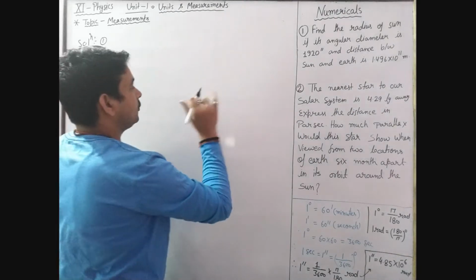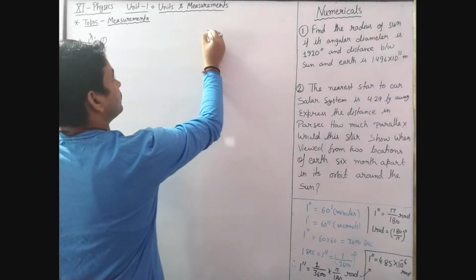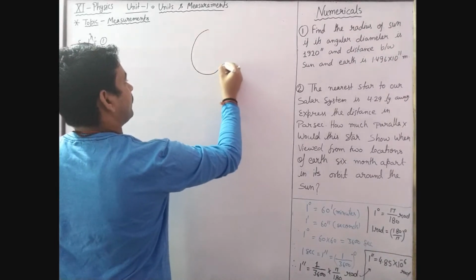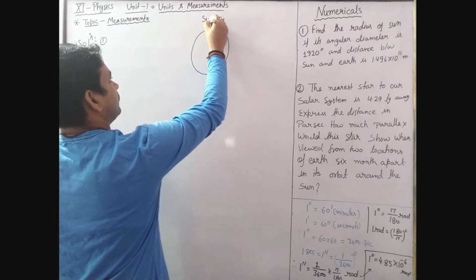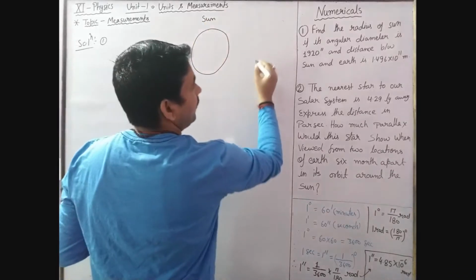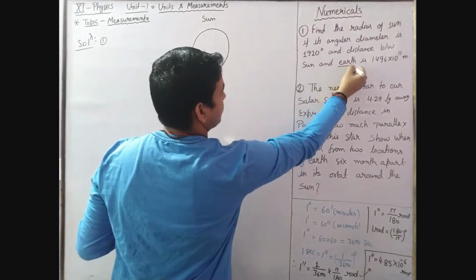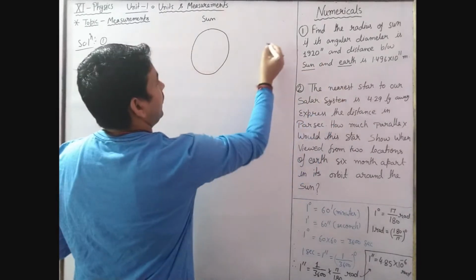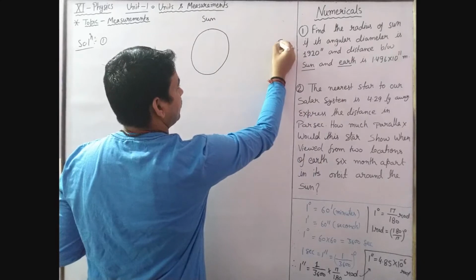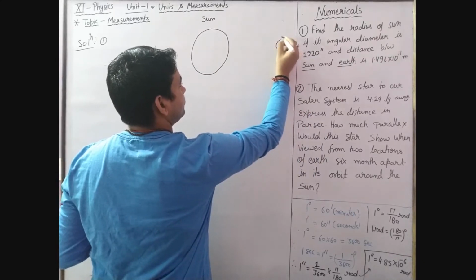Let's look at a small theory. Let's say this is the sun, and we need to calculate the radius of the sun, and here we have the earth.